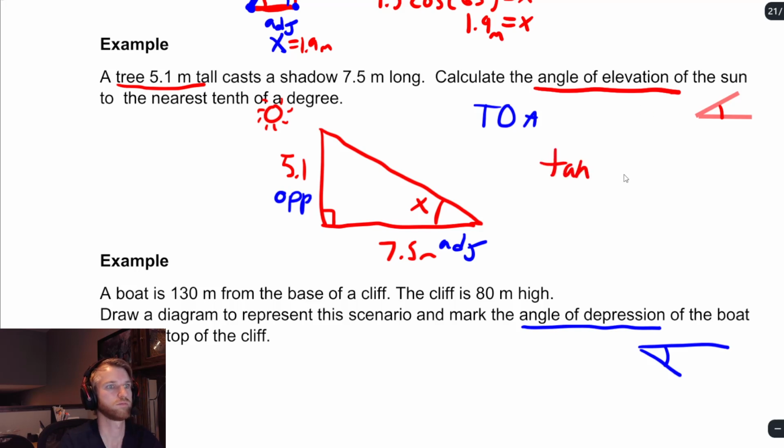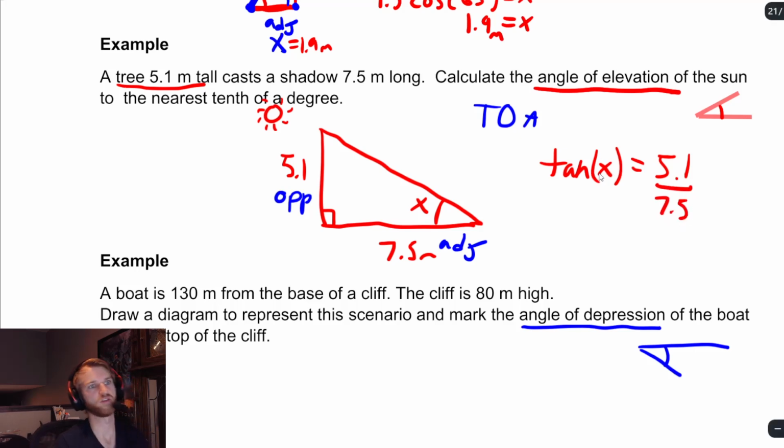So tan of x, that's what we're looking for, is equal to opposite over adjacent, which is 5.1 over 7.5. To get x by itself, remember from the last lesson that we need to get rid of this tan by moving it to the other side, but making it tan inverse. So x is equal to tan inverse, that's tan with a little -1, and then everything that was on that side gets put into brackets: 5.1 divided by 7.5.